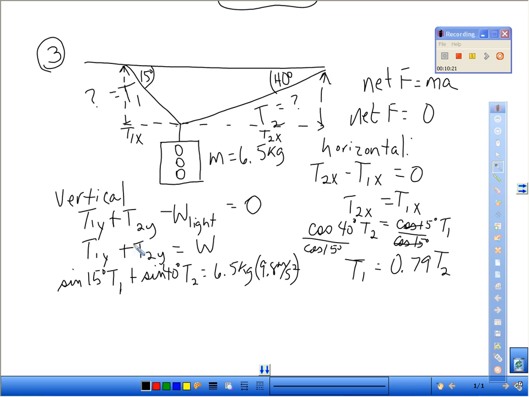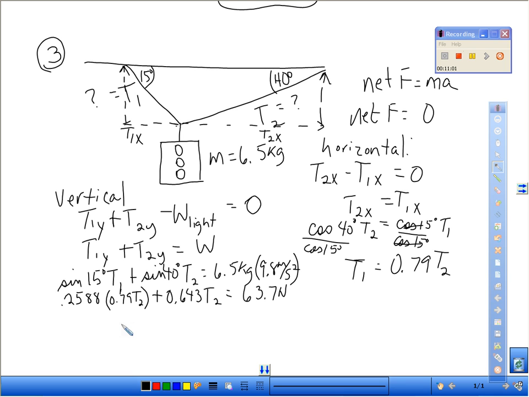The sine of 15, if I punch it in the calculator, is 0.2588. But instead of T1, I'm going to substitute in 0.79 T2, because I don't know T1, so I want to get rid of it. Sine of 40 is 0.643 times T2. And 6.5 times 9.8 is 63.7.